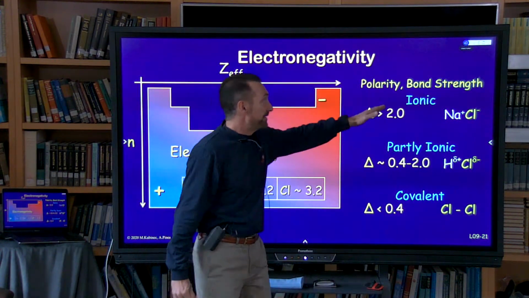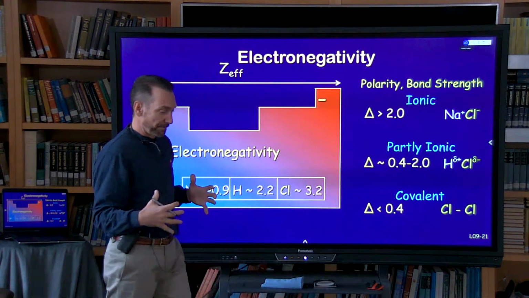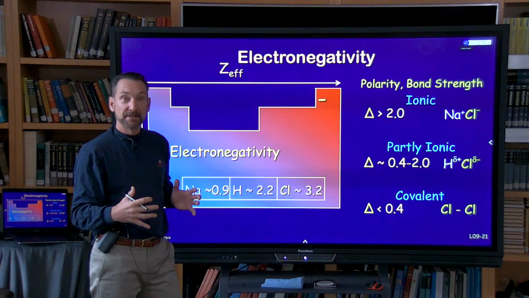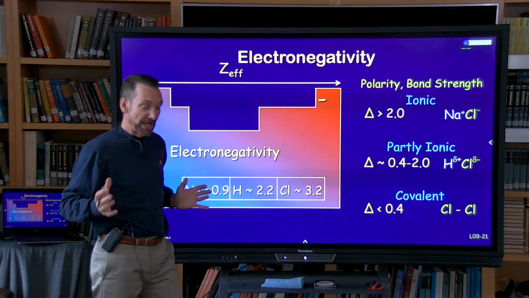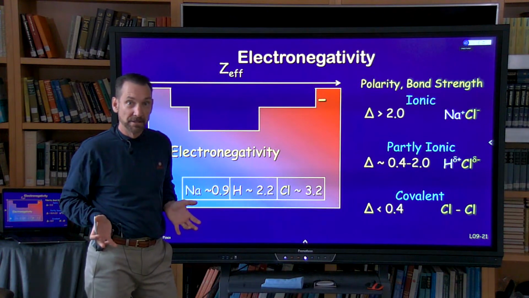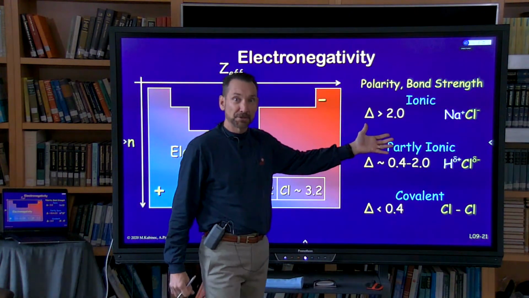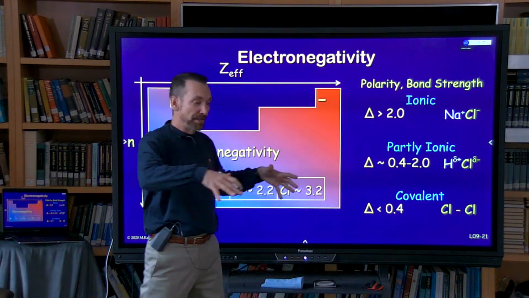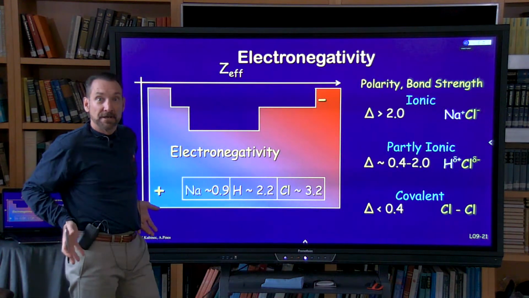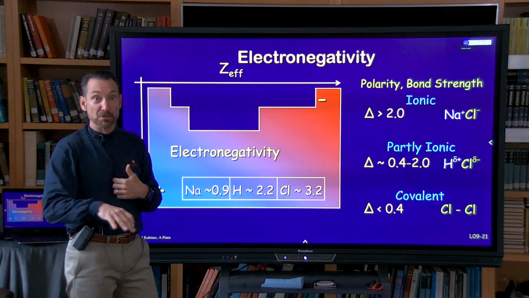And that difference, where the electrons spend more time, where the higher amplitude wave functions are, is called electronegativity. The higher your electronegativity, the more the electron wave functions are centered on your nucleus.